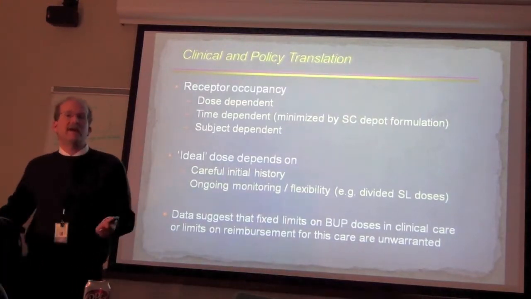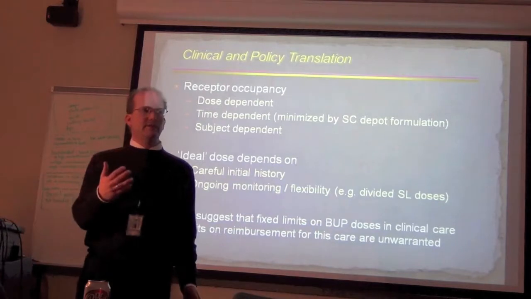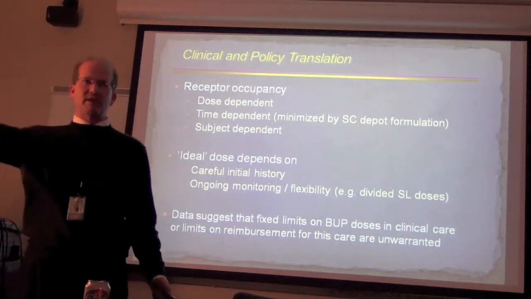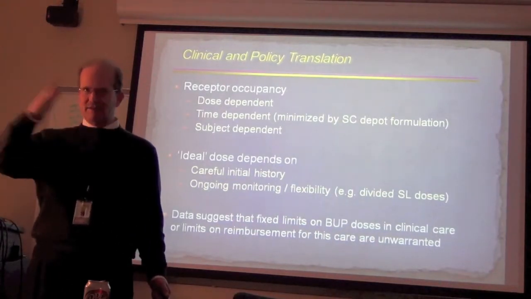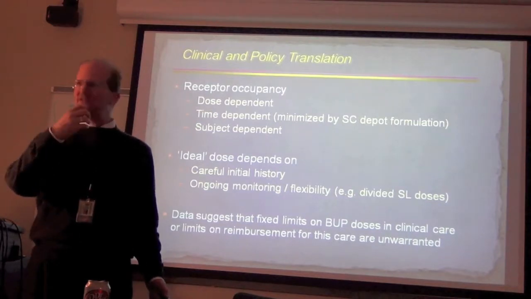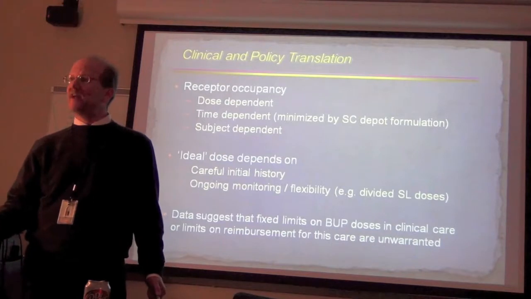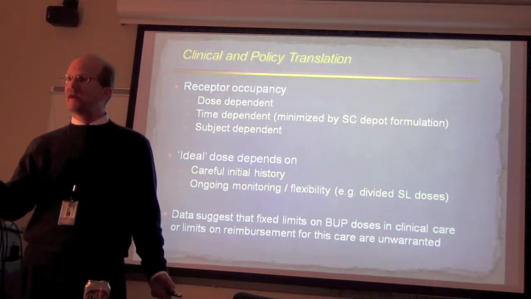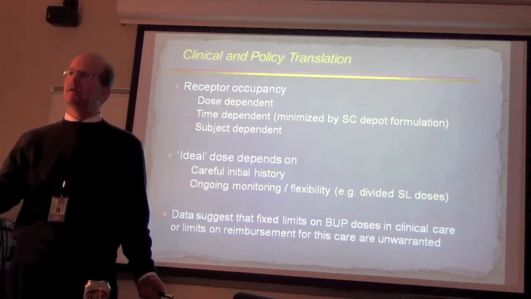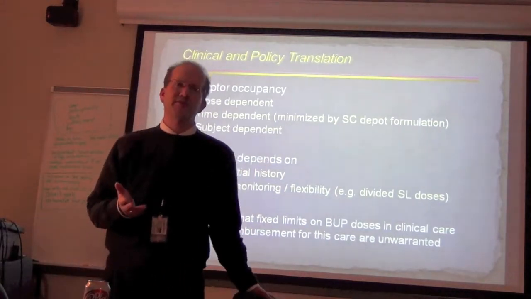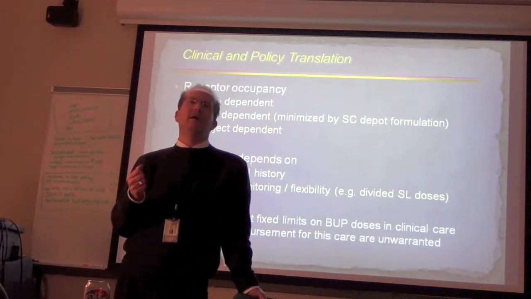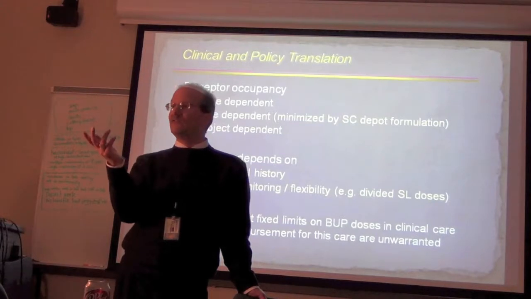It may be that also, if you're giving these shorter acting sublingual formulations, not the new novel formulation that lasts a long time, somebody who's a rapid metabolizer due to genetic factors, since the CYP3A4 enzyme is primarily responsible for buprenorphine metabolism, maybe somebody needs divided doses.